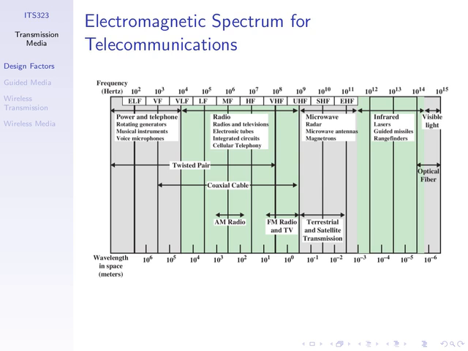The numbers along the top are frequency given in hertz, ranging from 100 hertz up to 1 gigahertz, 10 to the power of 9, terahertz, petahertz. From very low frequency up to extremely high frequency, this is the portion of the spectrum that we can use for communications. So when we transmit our signals, they are somewhere in this range of the spectrum.